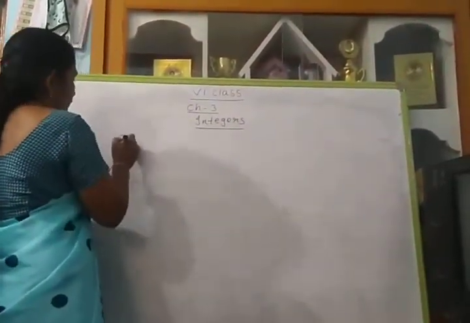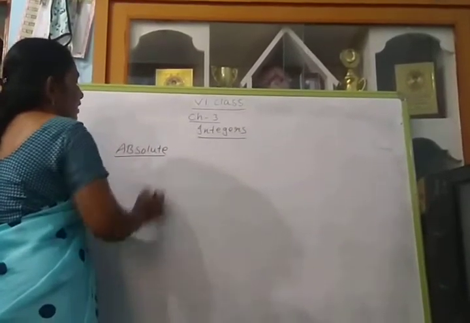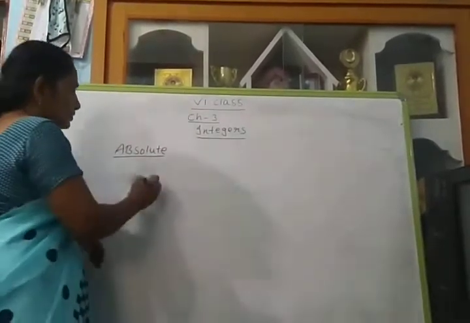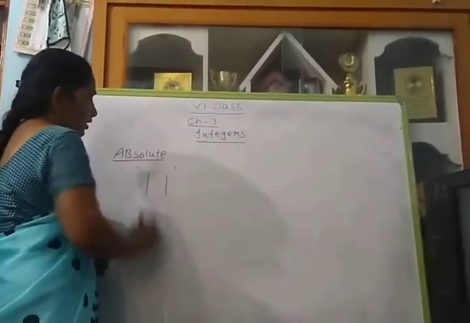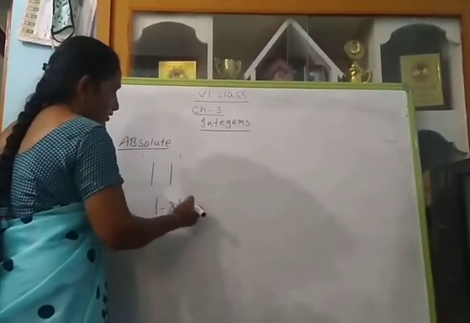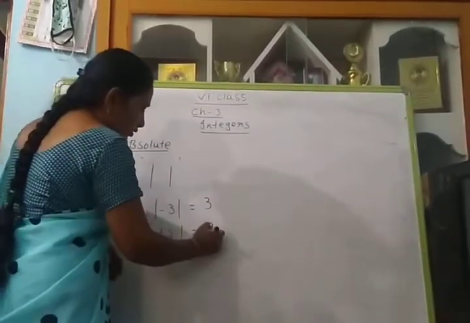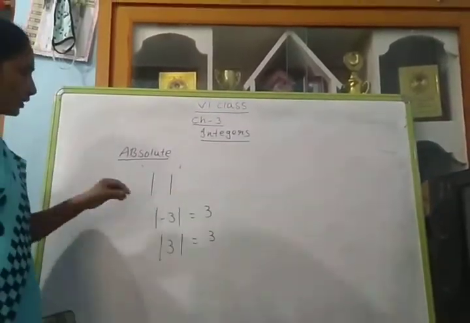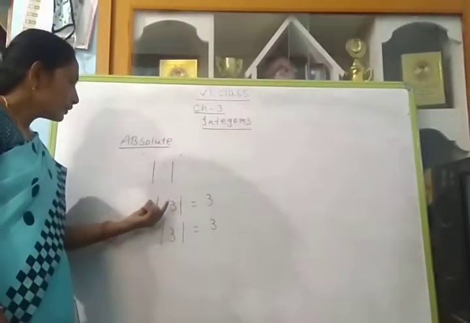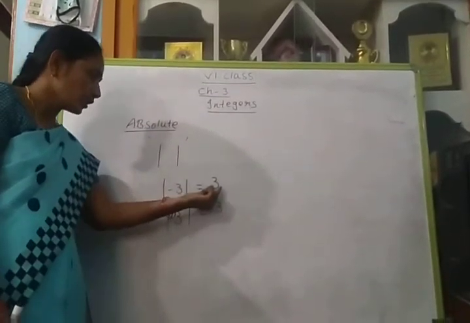Next, absolute value. The absolute value of any integer is its value regardless of sign. This is the symbol for absolute value. For example, the absolute value of minus 3 is 3 only. The absolute value of plus 3 is also 3 only. This is also called modulus. Modulus of minus 3 means 3 only.